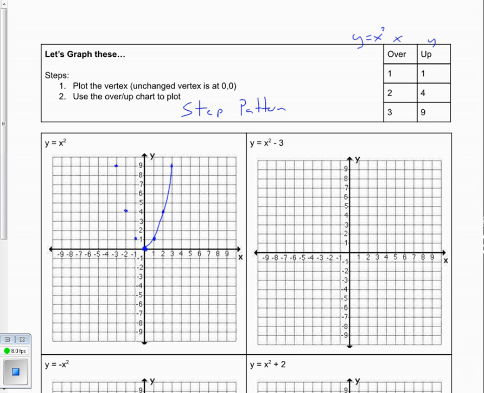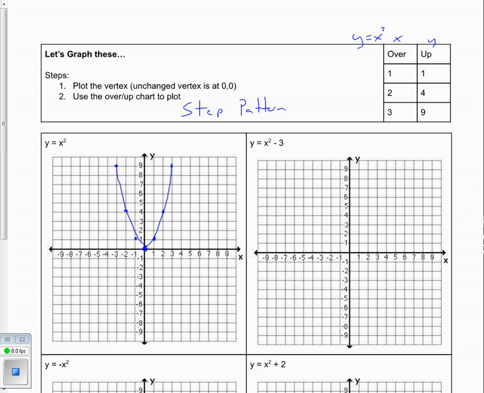We're going to use that skill in order to graph our parabolas. The parent form of the parabola always starts at the origin. If we look at the next example on the right-hand side, we've got x squared minus 3.